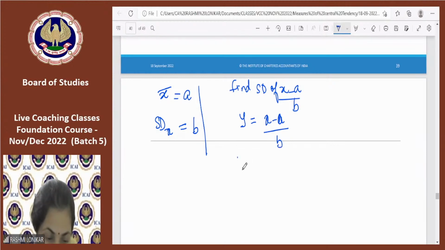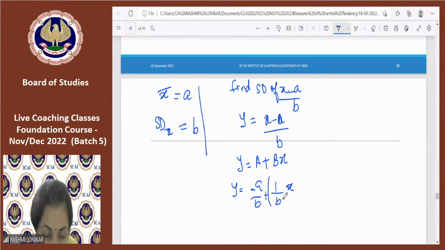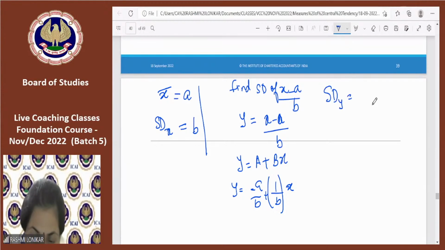Now we want this in the form y is equal to a plus bx. So I will have to rewrite this: y is equal to minus a upon b plus 1 upon b into x. This 1 upon b plays an important role, because we know that standard deviation of y will be equal to modulus of b times standard deviation of x.